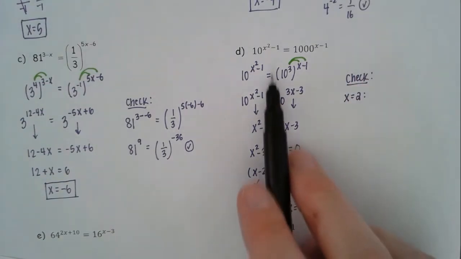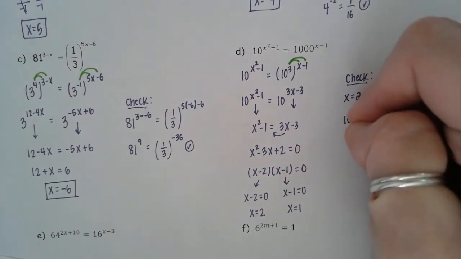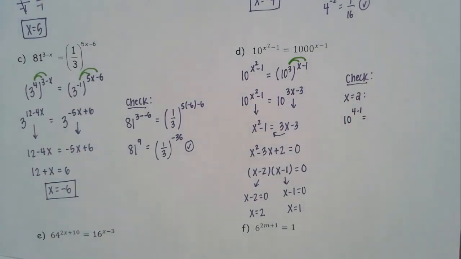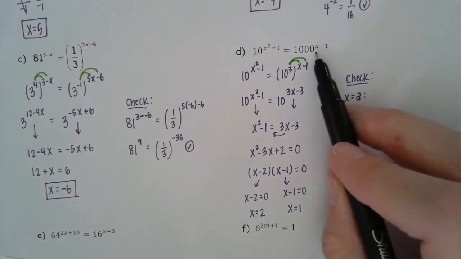So if I substitute in on the left-hand side, 10 raised to the 2 squared is 4 minus 1. On the right-hand side, 1,000 raised to the 2 minus 1.